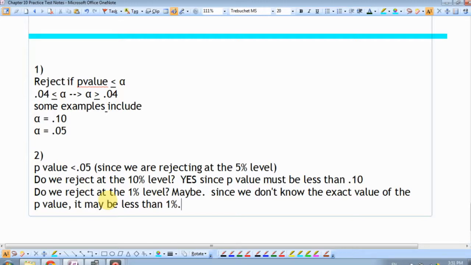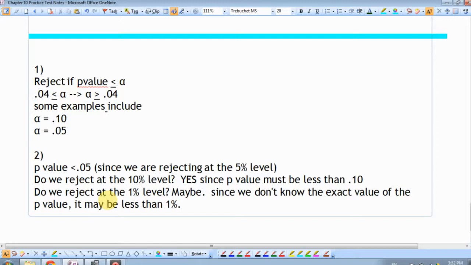So H0 can be rejected at 10% because it's higher than 5%, and at 1%, it might reject.